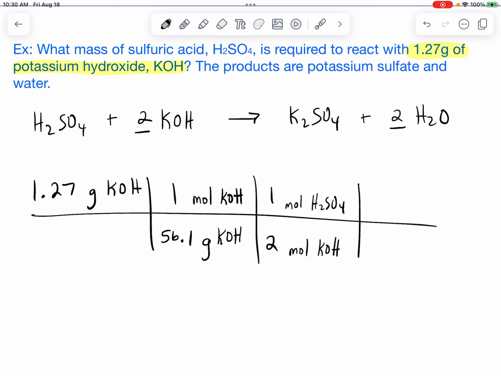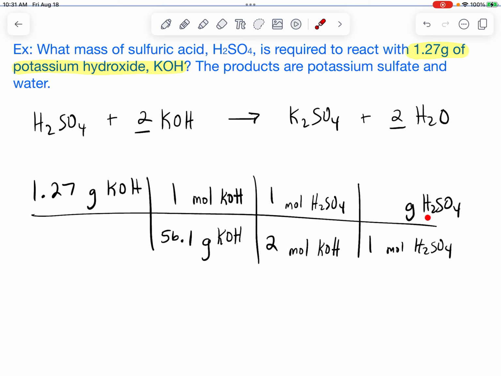All right, we're finally getting to the end here. So we have moles of H2SO4 on top. We need to have moles of H2SO4 on the bottom. And here's where we can go back to our molar mass ratio. For every 1 mole of H2SO4, I can add up how many grams that is by looking at our periodic table. It's the same thing that we did before.